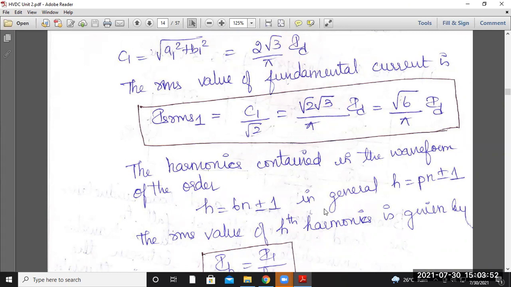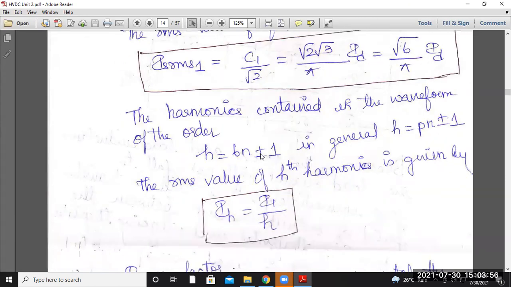Now the harmonics contained in the waveform of the order are given by this equation. This equation was already studied in the previous class, that is how the harmonic order is given. So the harmonics contained in the waveform are given by h equal to 6n plus or minus 1. In general, h equal to pn plus or minus 1, where p is the number of pulses and n is an integer.